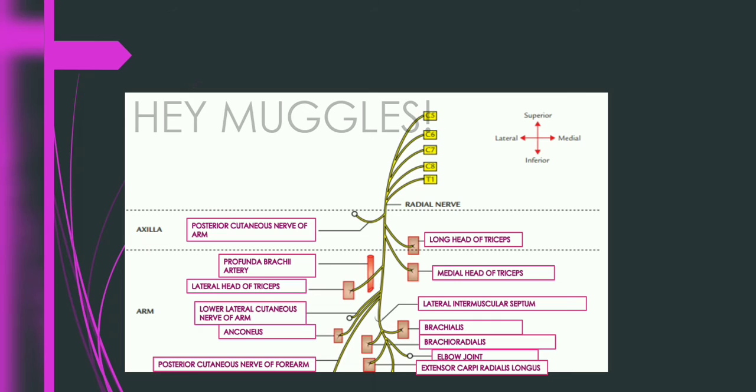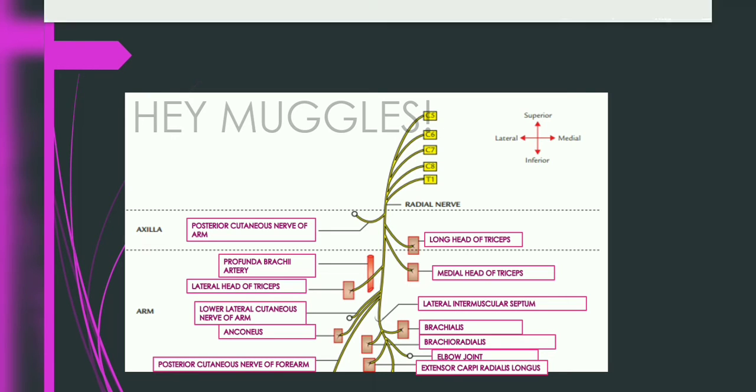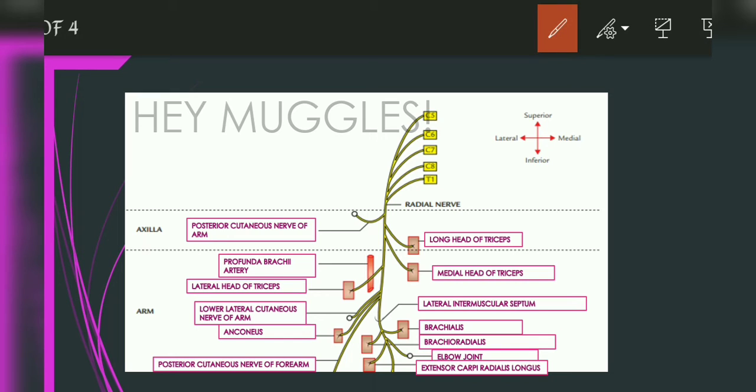In the spiral groove, it gives 5 branches. It gives 3 muscular branches and 2 cutaneous branches. The muscular branches are to the anconeus, to the lateral head of triceps and to the medial head of triceps.